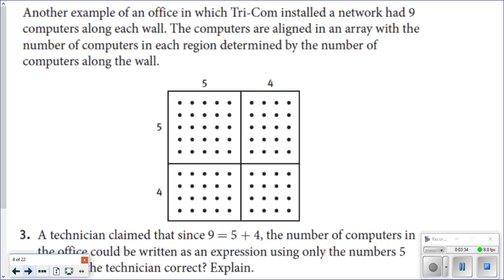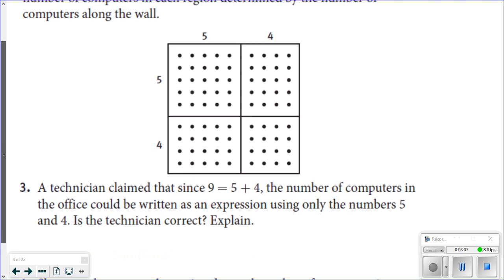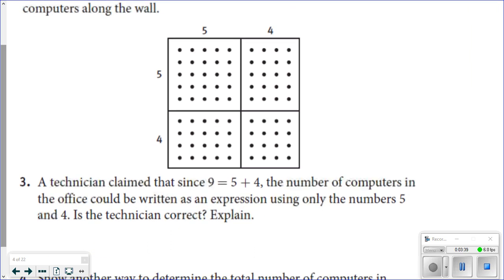So question 3, we have another example of an office. And if we look, it's like 5 by 5, and then there's 4 and 4.